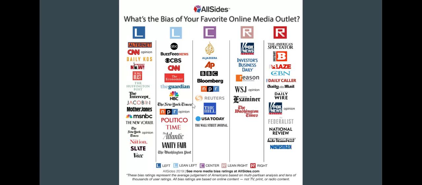Here's NPR in the center, but if you move over one column to the left, here's NPR Opinion, and that leans to the left. Same thing over here on the right. On the second to the last column here, Fox News would be a more conservative news source. They're not in the center. They're certainly not on the left. And then far right would be Fox News Opinion. So they too do something similar where they have multiple channels. And it's just good to know.